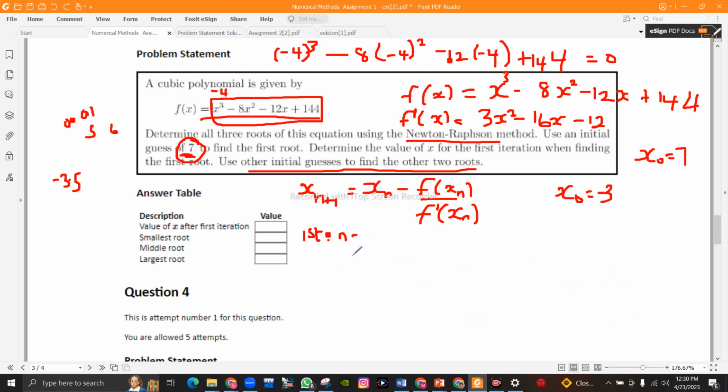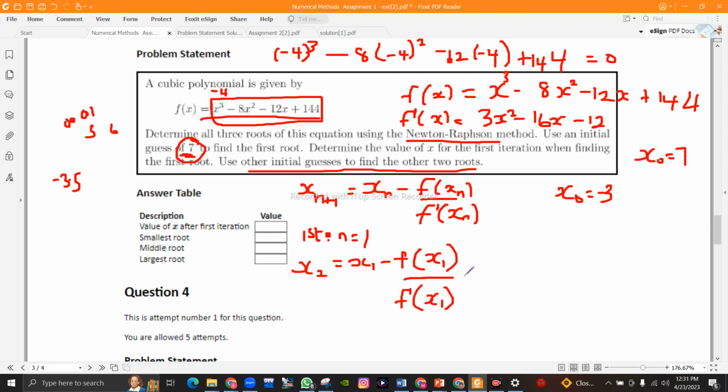When n is equal to 1, we have x2 to be equal to x1 minus f of x1 divided by f prime of x1. So what's our x1? Our x1 is -4.12857.